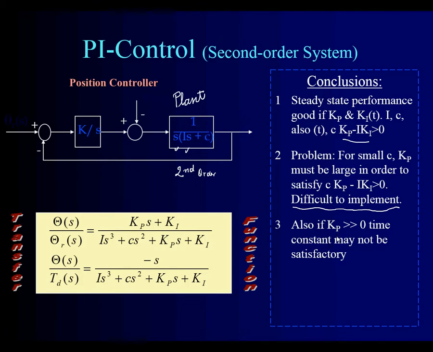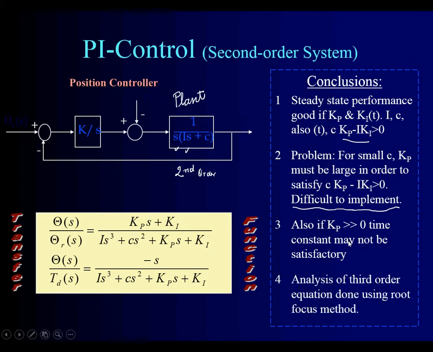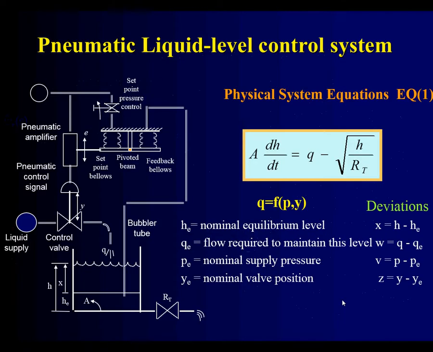Also, if Kp is larger than 0, the time constant may not be satisfactory. The analysis of the third order equation is done using the root locus, excuse me, there's an error here. The root locus method we will see in a next lecture video.